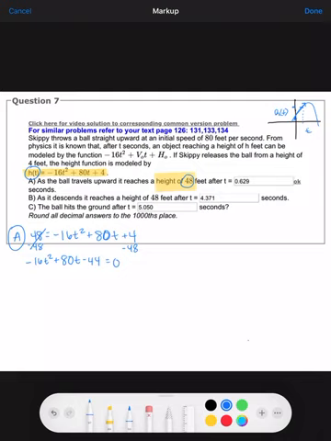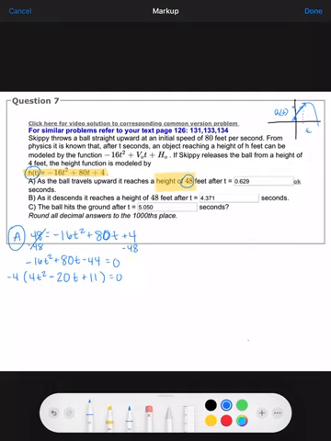So these should all be divisible by 4. And my goal here would also be to take out a negative 4. So what's left is going to be 4t squared. If I'm taking out a negative 4 from 80, that's going to give me minus 20t, and then plus 11 equals 0.